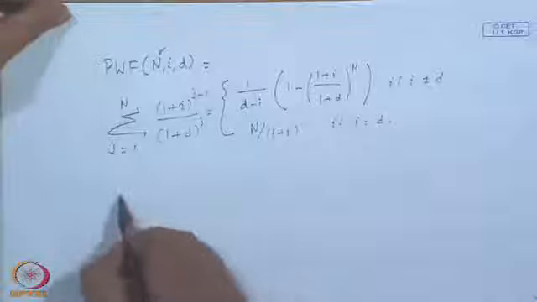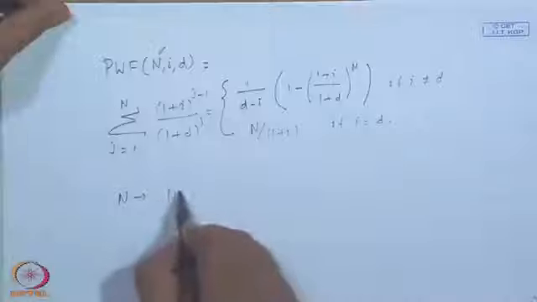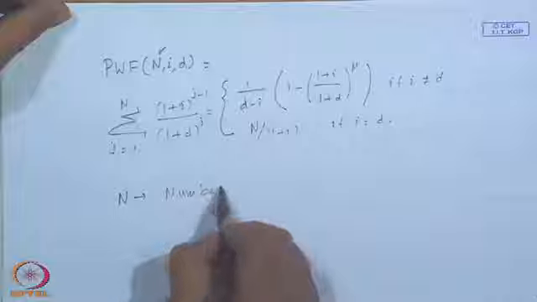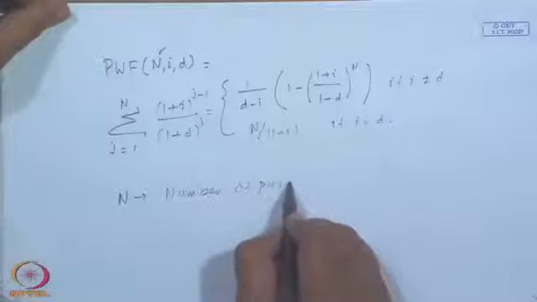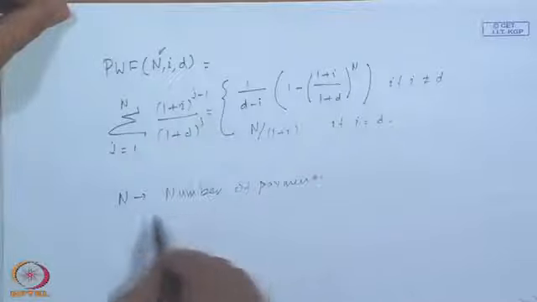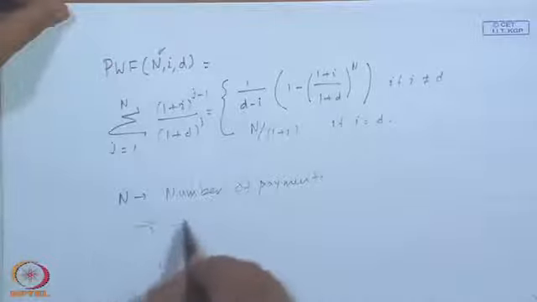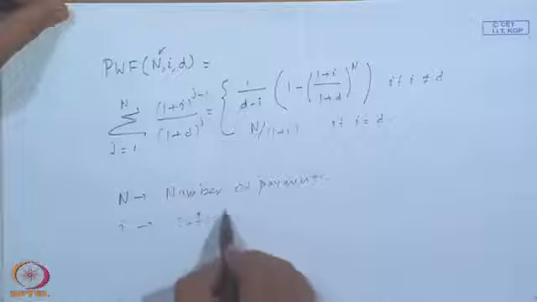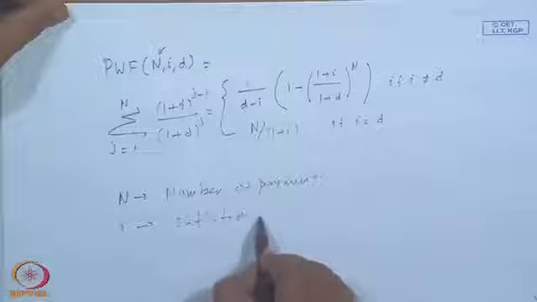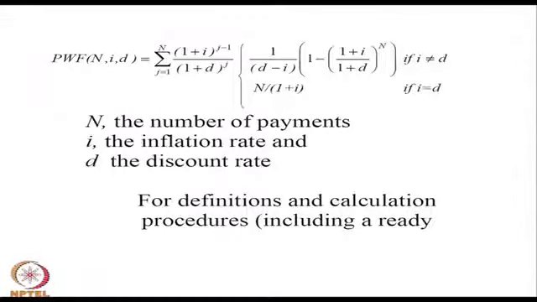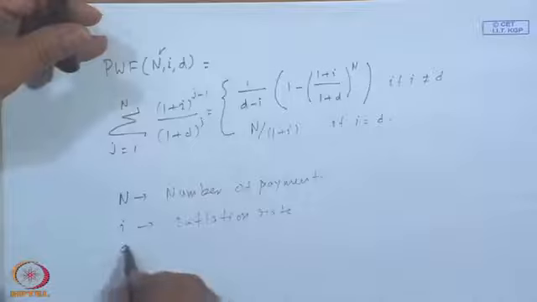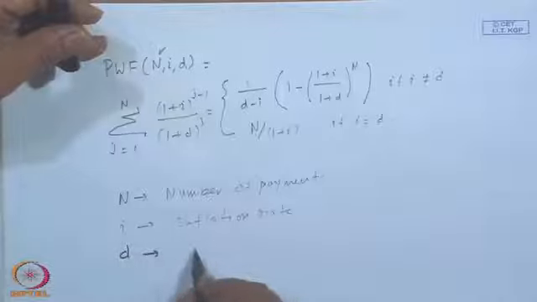N is the number of payments, which may be your number of years of analysis, and I is the inflation rate, and D the discount rate.